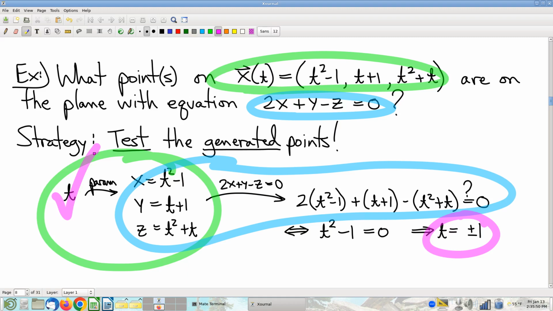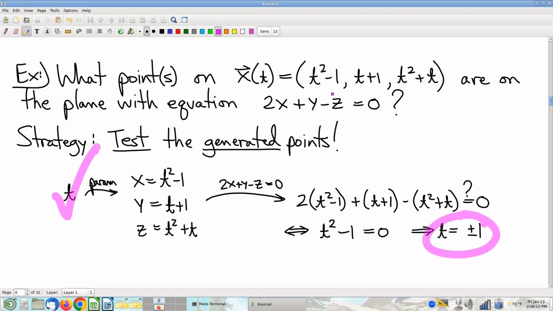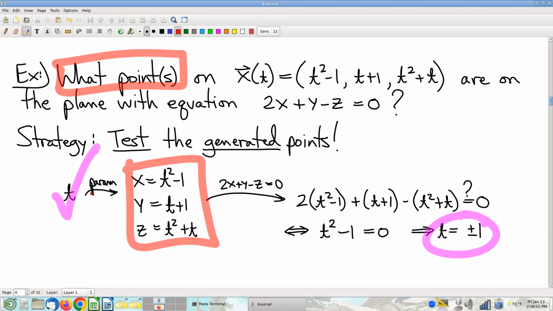The values of T that the parameterization creates points on the curve, which are also testing positive as being points on the plane, those values of T are plus or minus 1. Now, of course, what the question asked us wasn't what are the values of T. The question asked us for what are the points. And so the way you would find the points is take the given values of T and plug into the parameterization. And that gives you 2 points that would answer the question.